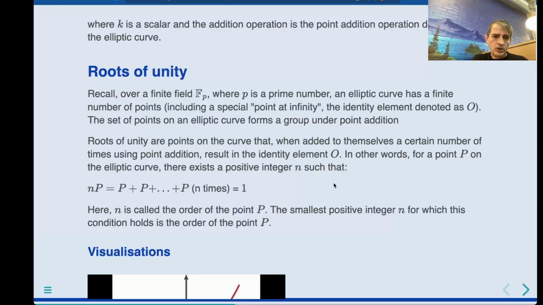So in this equation, you see we've got some points P, we're adding it to itself n times, and this comes out, well, I put it there as 1, it could be O, but it's the identity element. And if that's the case, then our point P is going to be called a root of unity. You also get this in other areas of maths as well, in complex numbers, etc. But this is useful in elliptic curves and in ZK. You may well come across this, and that's what roots of unity are all about.